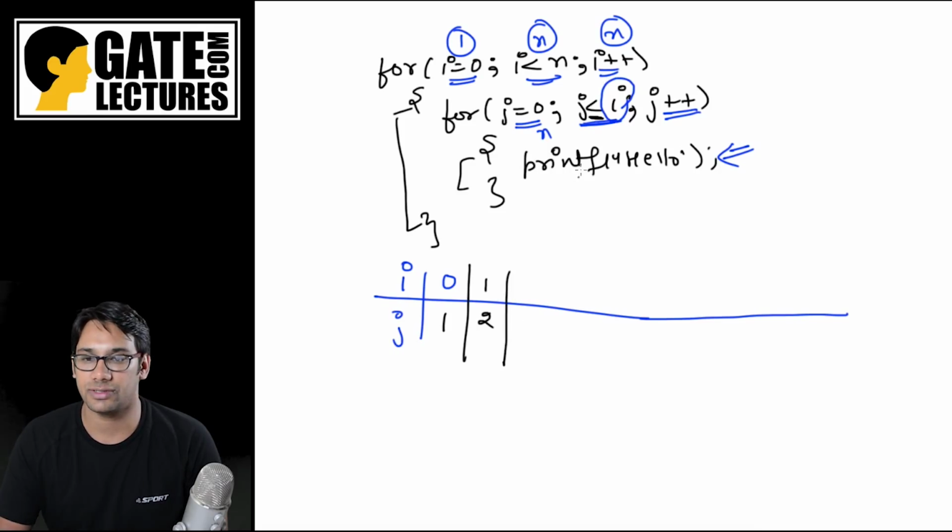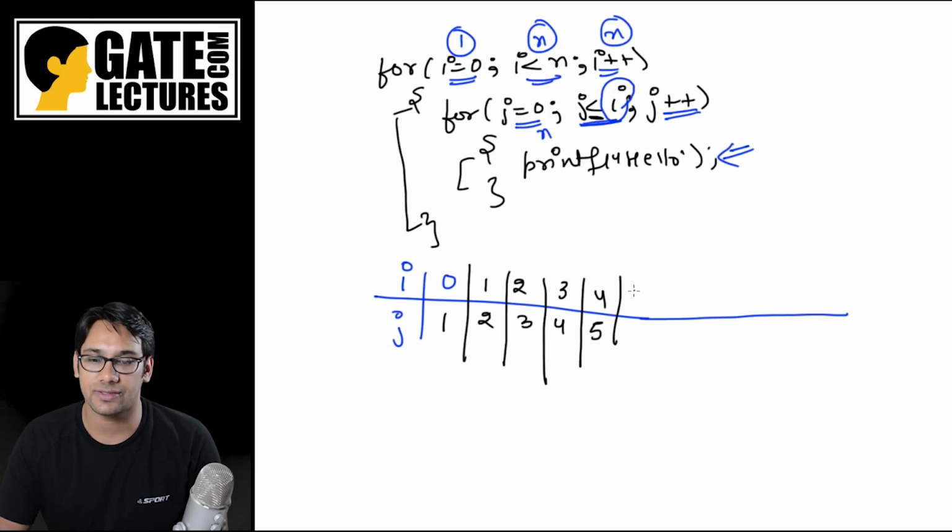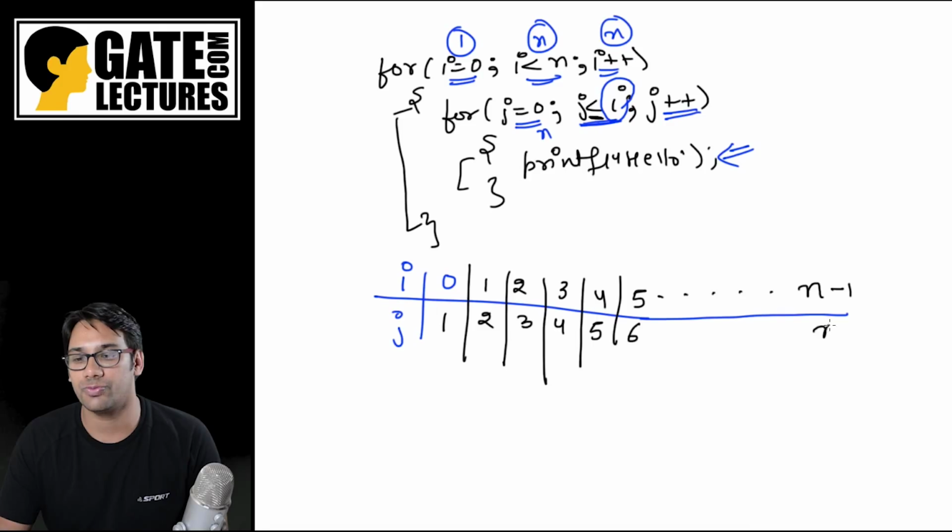If the value of i is 2, then 3 times. If i is 3, then 4 times. If i is 4, then 5 times. If i is 5, then 6 times. And the same way, when the value of i is n minus 1, then the j loop will be executed n times.